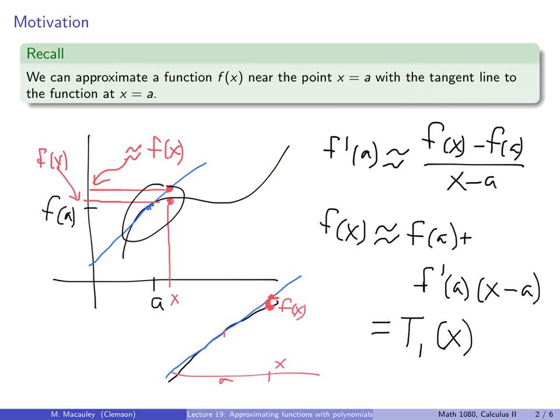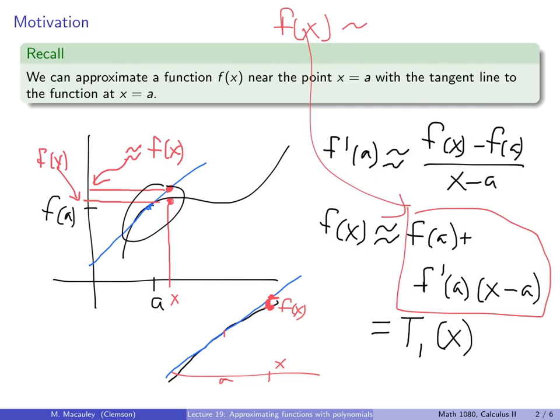What this should remind you of is y equals mx plus b. So think of this as f of x being approximately mx plus b. Notice this is your m, so m times x, and then your b. You also have this number times that number.